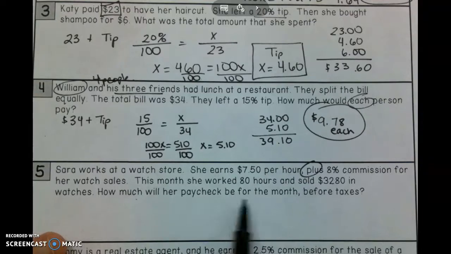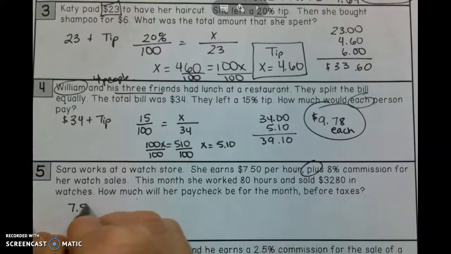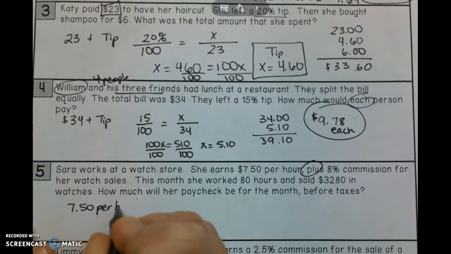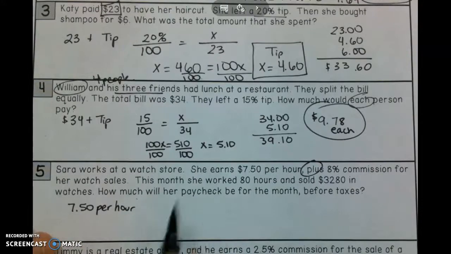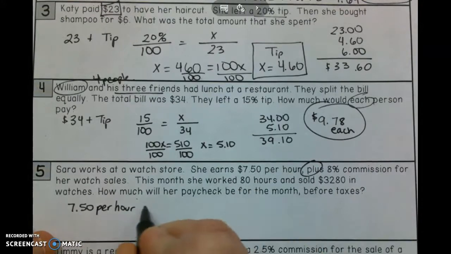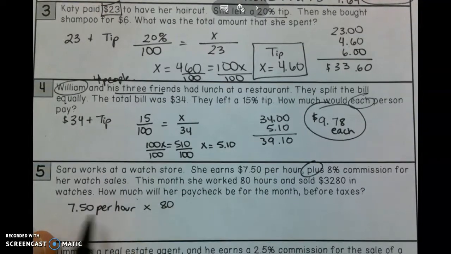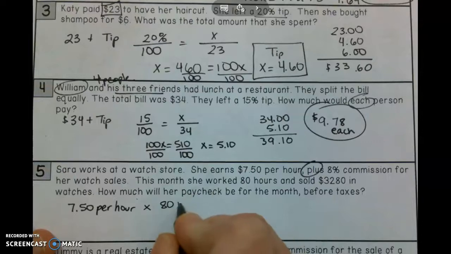How much will her paycheck be for the month? Okay, so she earns $7.50 per hour, and we need to know how many hours that is for the month. It told us that she worked 80 hours, so we're going to multiply $7.50 per hour times 80 hours.